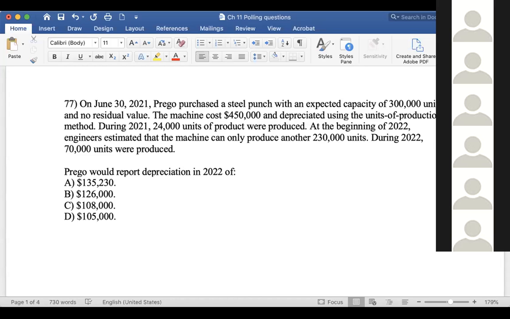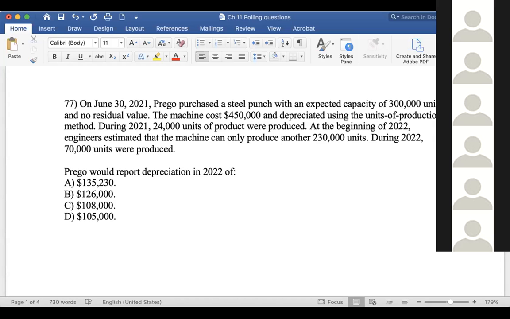So what was the depreciation in the first year? 36,000. Good, 36,000. And how did you calculate that? I take the cost, divide by the expected capacity, and multiply by the units of products, 24,000. Nice job.